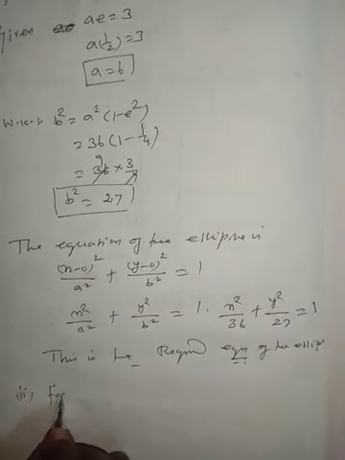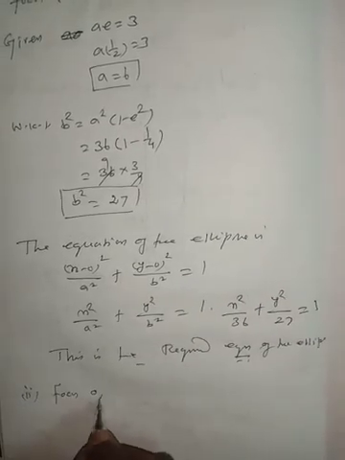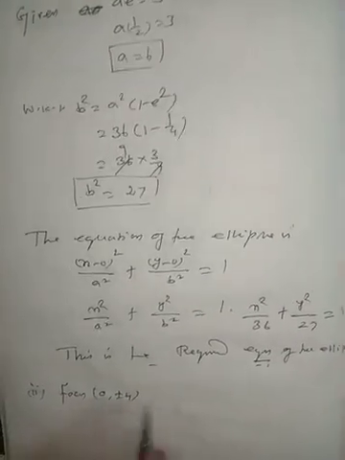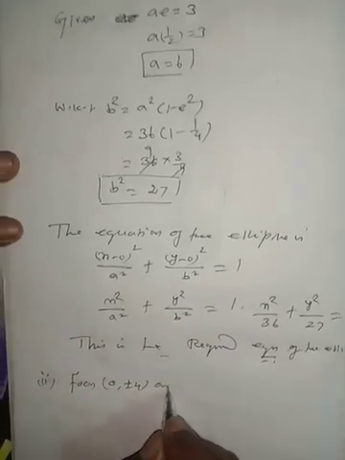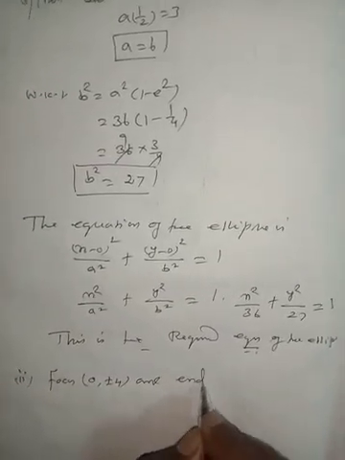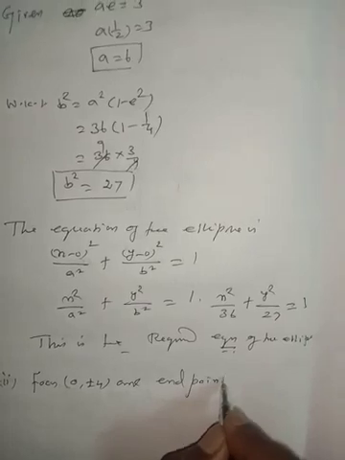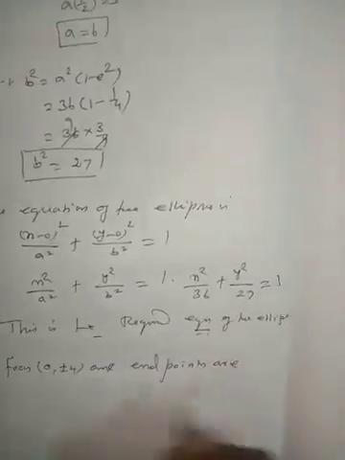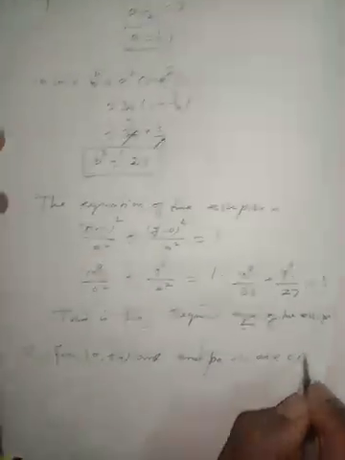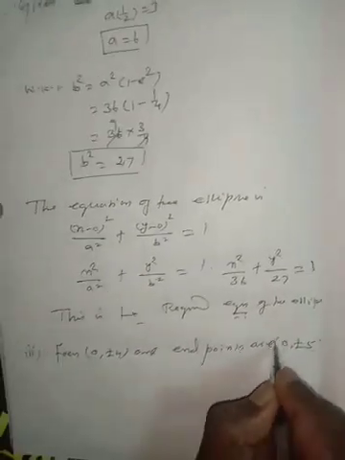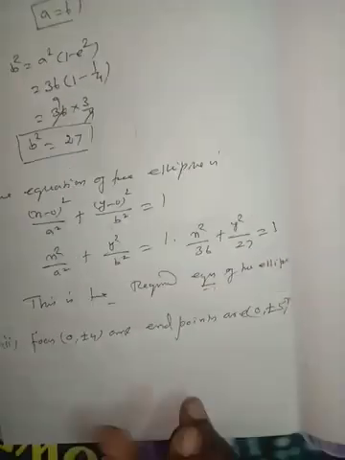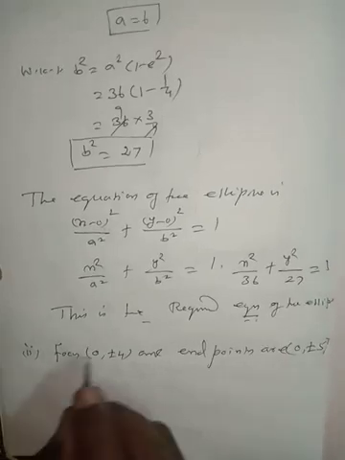Subdivision number 2. Focus 0, plus or minus 4 is given, and end points are 0, plus or minus 5 given.